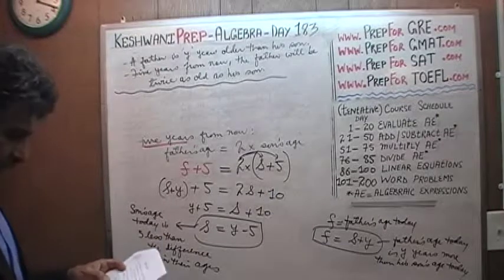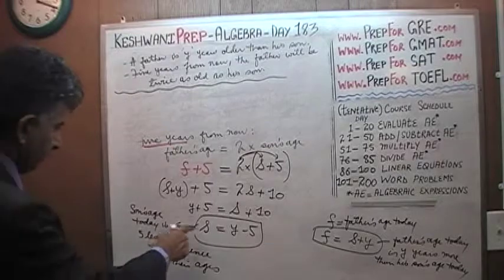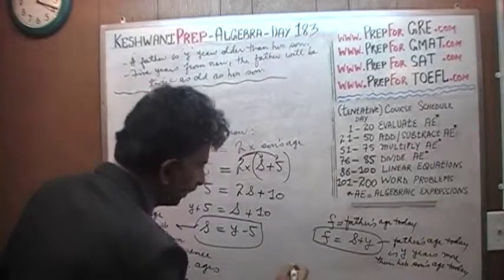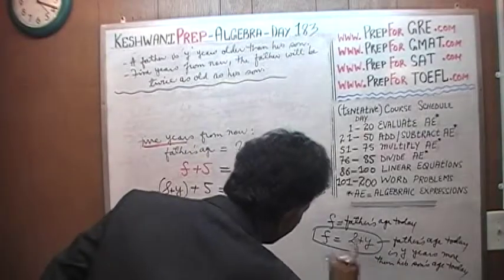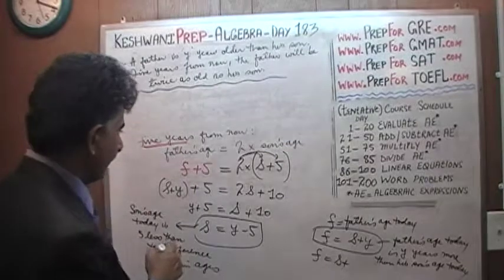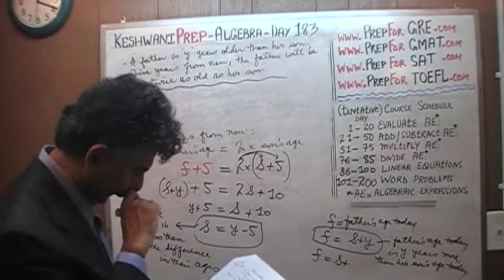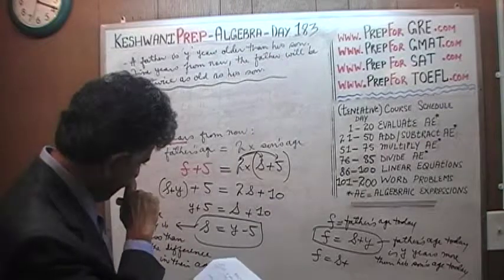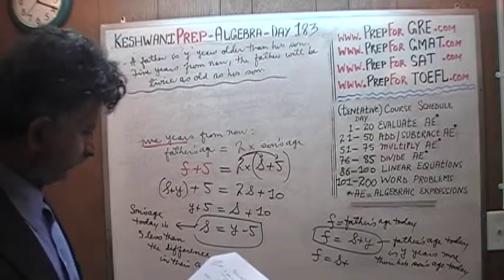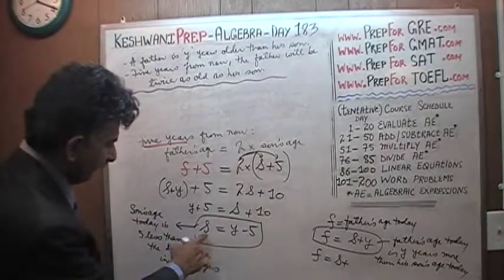Now let's solve for son's age. We have the father, we have the son. Let's solve for father's age. Father is right here actually, we can continue here. Father is s plus y, and y we know is s plus 5.